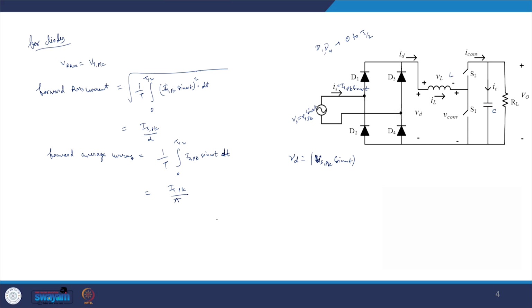That is the average forward current going through the diode, and accordingly the diode rating can be selected. In this way one can select all four diodes.